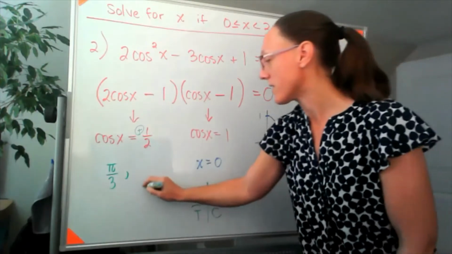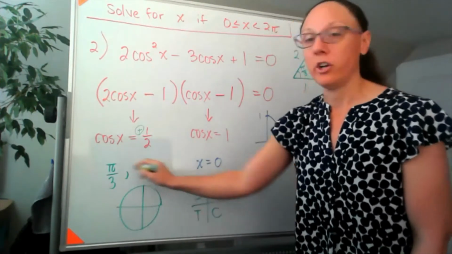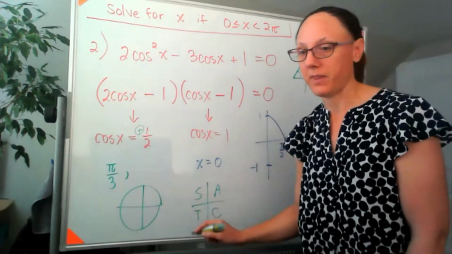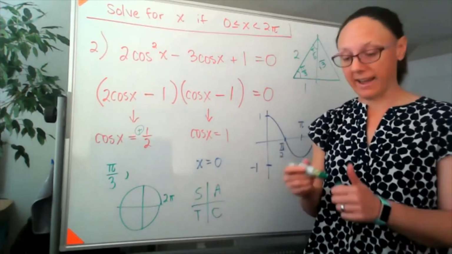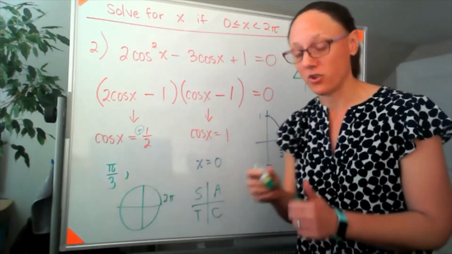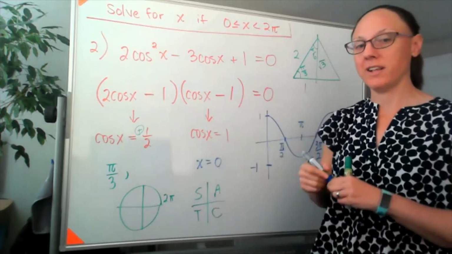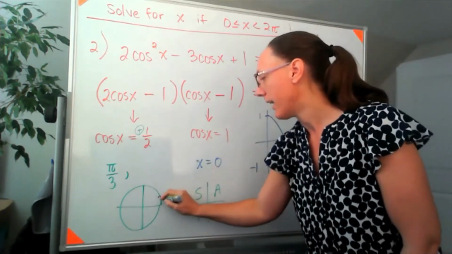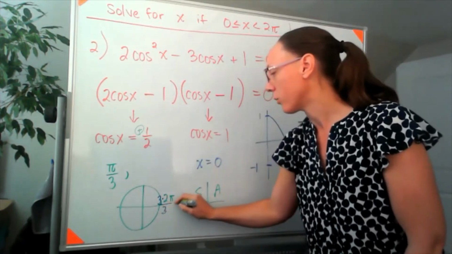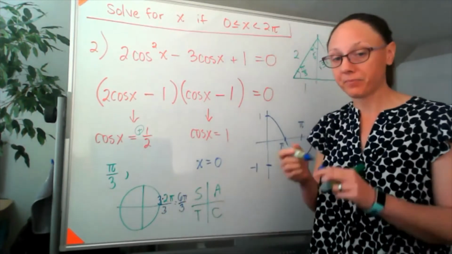And I'm going to use the same trick that I did last time. If I think about that unit circle going all the way around, I would be at 2 pi, but I want to write that in reference to the same denominator from my reference angle. So instead of thinking about this as 2 pi, I can multiply the top and the bottom by 3 to get 6 pi over 3.